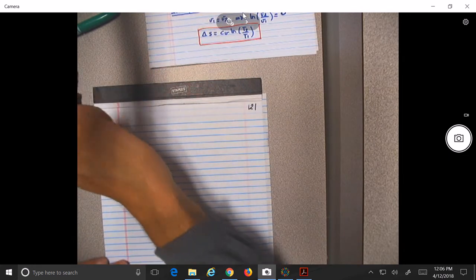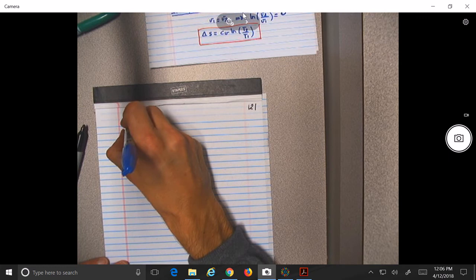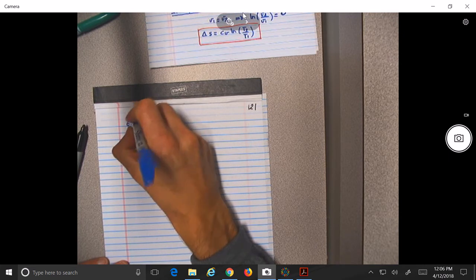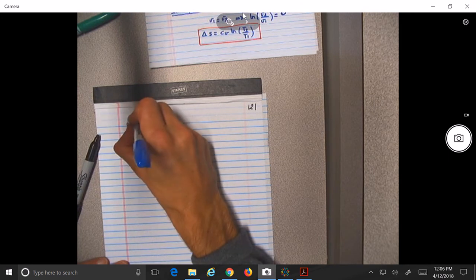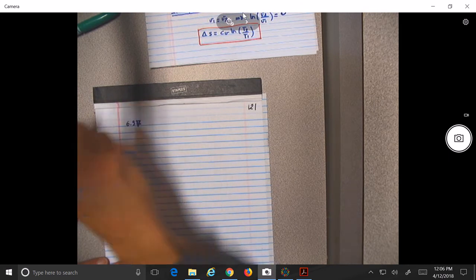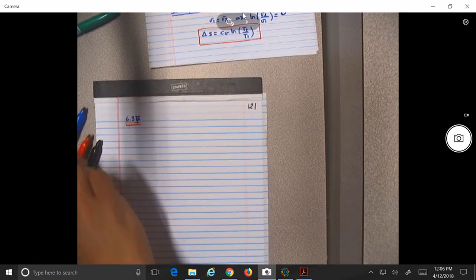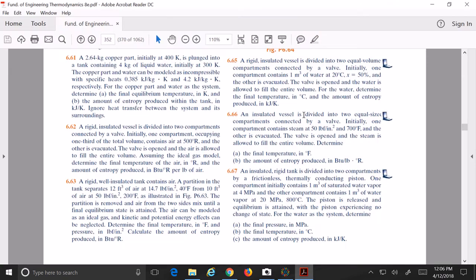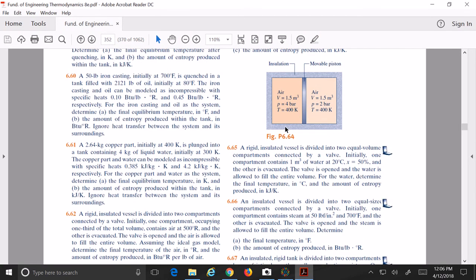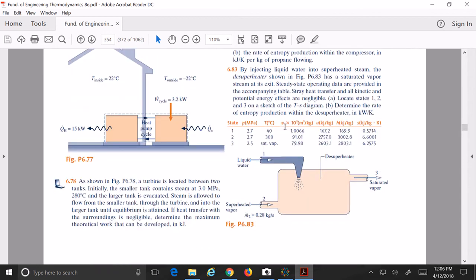So the problem I pick over here is 637, which I think you have 635 on the homework. So 637. I say you have 637. So let's see what 637 is. Okay, it's funny, I started, you see, by the end.